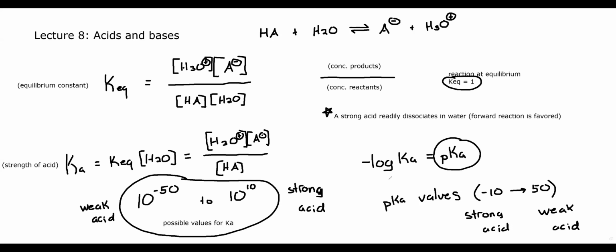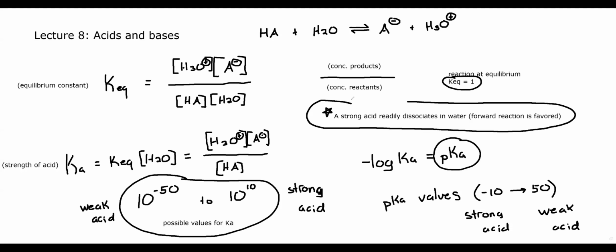So we just take the negative log of it to make it easier to represent. And so this pKa value is going to be our numerical value representing the strength of an acid, representing how readily it will dissociate in water, representing the strength of that forward reaction.